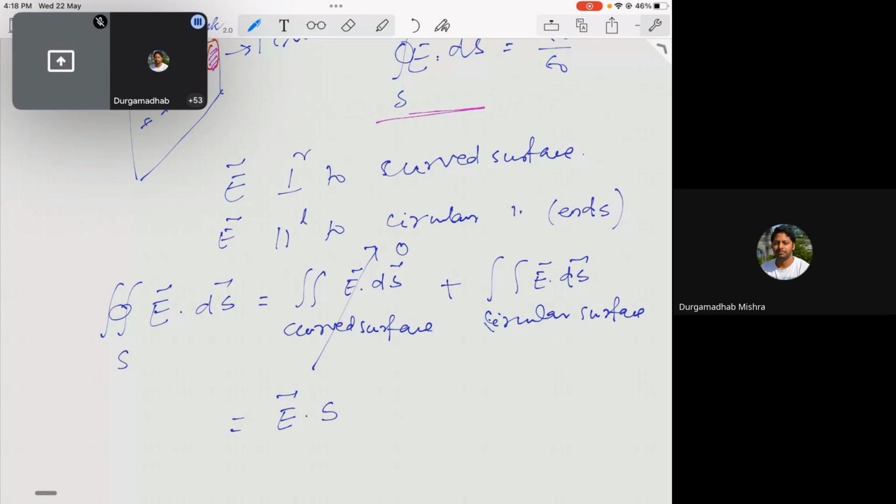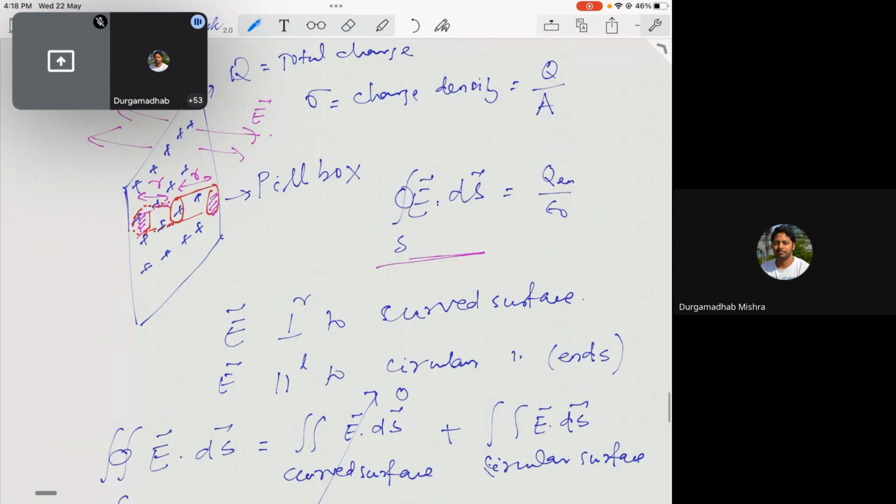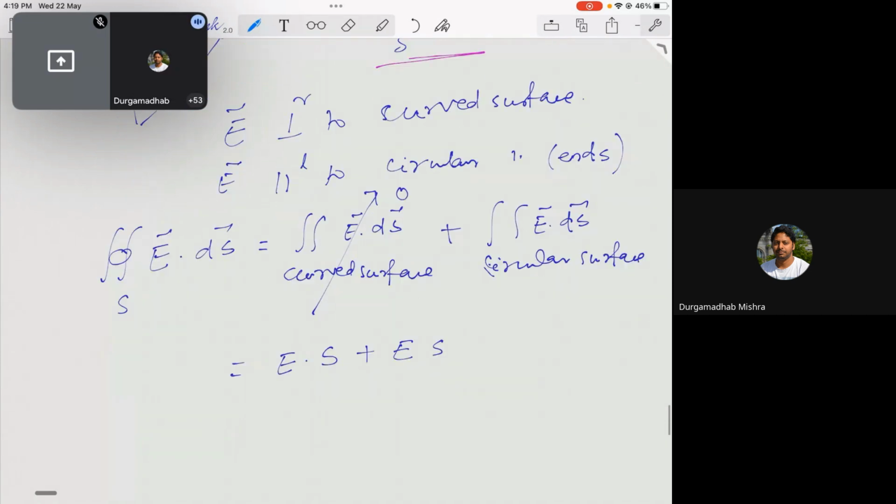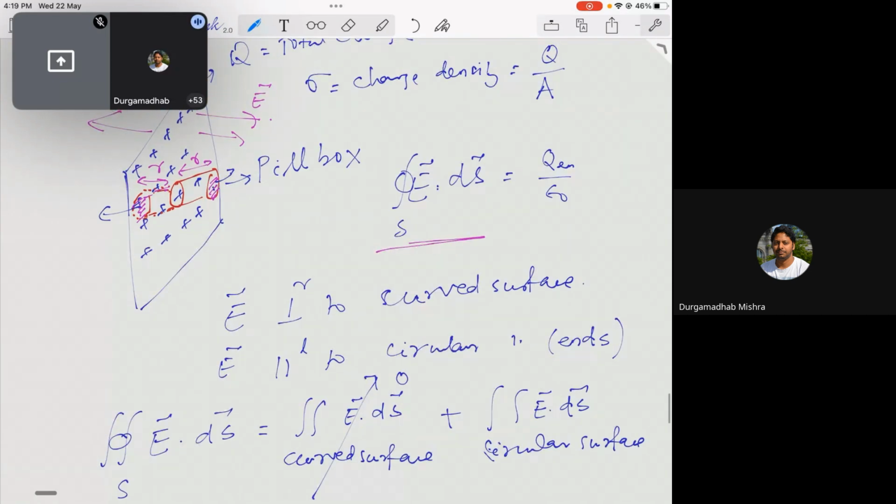So this is a scalar product, which will simply be E, the magnitude, times the surface area on both sides. Okay, so we have two surfaces here, one surface here and the second surface on this end of the cylinder, and the electric field is parallel to the surface.